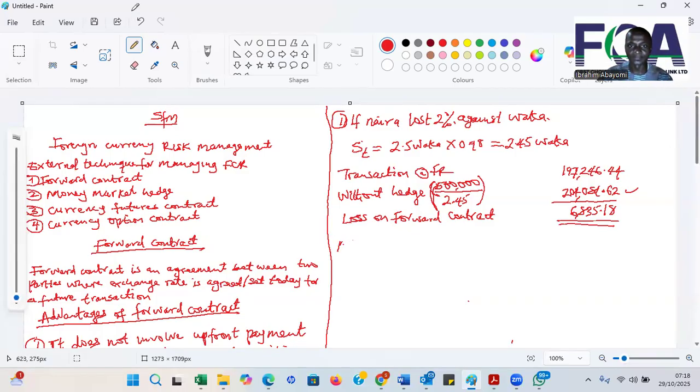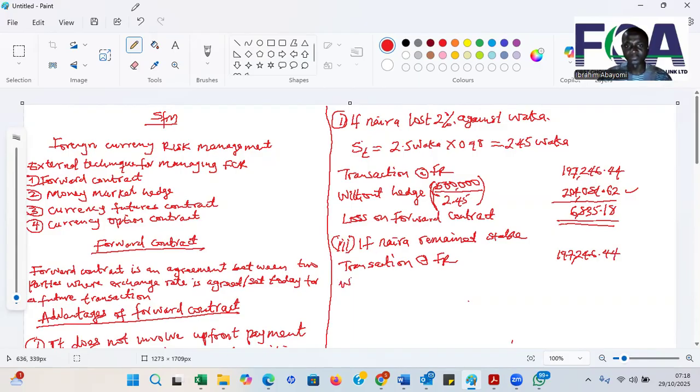Now, number 3 is if Naira remained stable, meaning that if the exchange rate remains at 2.5, our transaction at forward rate remains the same, 197,246.44.